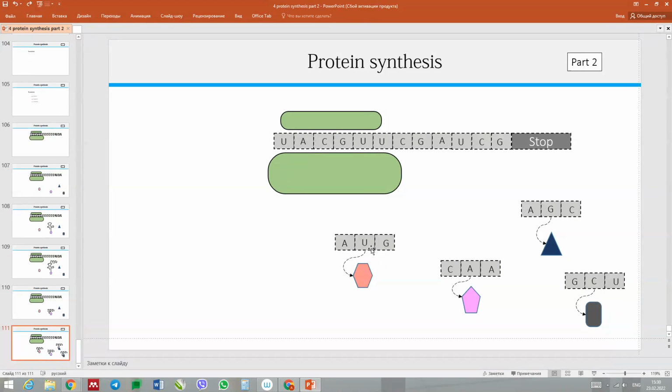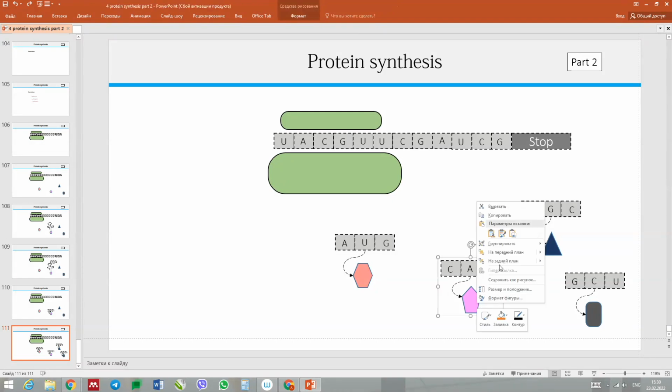Other amino acids are associated with other types of transport RNA. I told you before that each specific amino acid is associated with a special corresponding type of RNA.